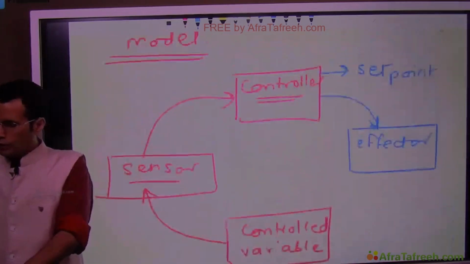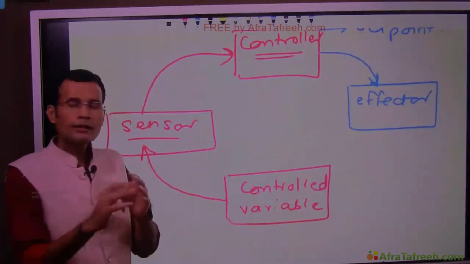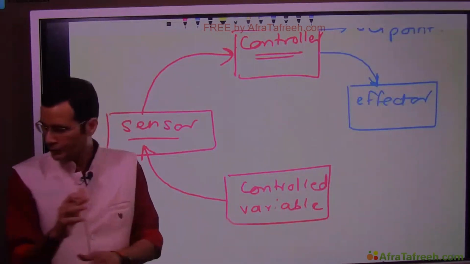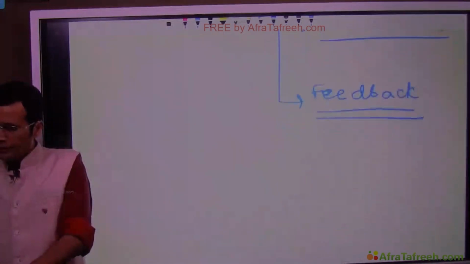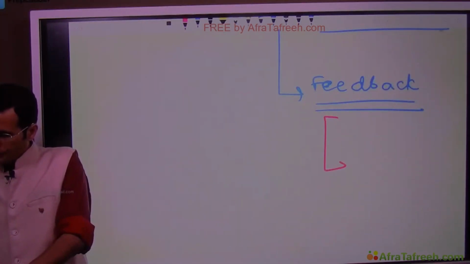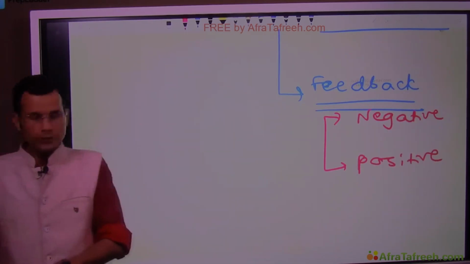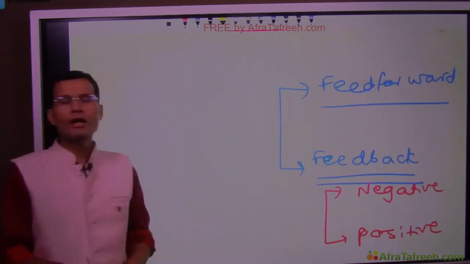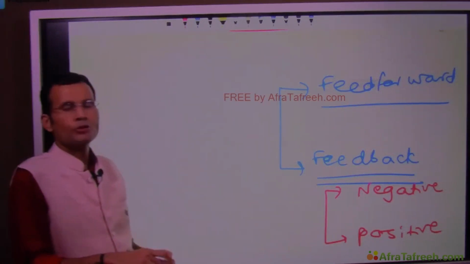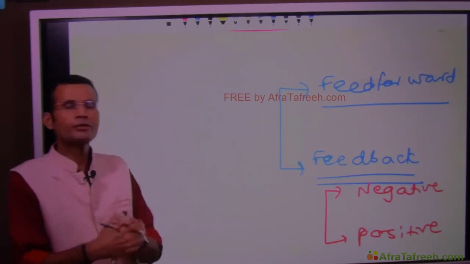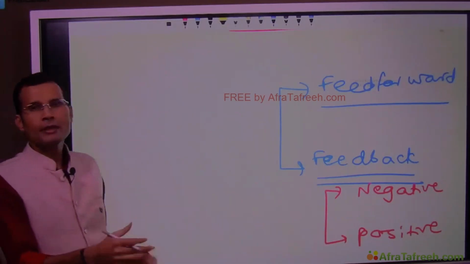Even in feedback there is negative feedback and positive feedback. Even in feed forward we would have negative feed forward and positive feed forward. So let's try to understand what these mechanisms are.